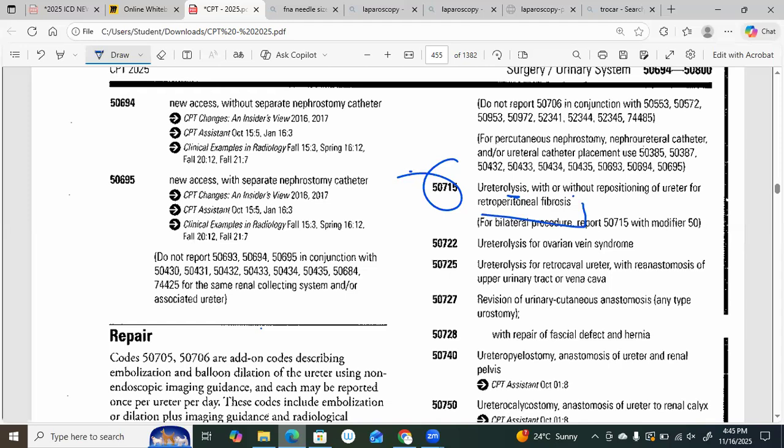So these codes are based on the disease. This was ovarian vein syndrome. This is reanastomosis. Revision of reanastomosis. Anastomosis means joining two ends. Joining two ends means anastomosis.